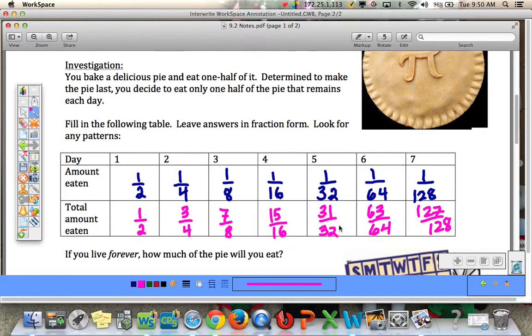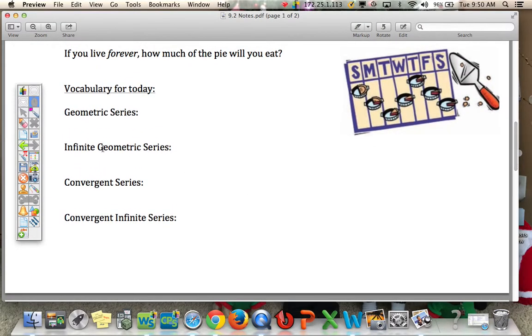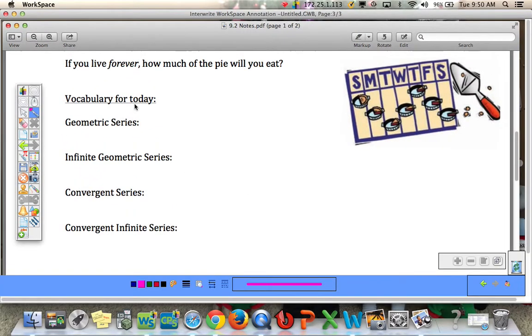If you live forever, how much pie will you eat? Will you eventually eat the whole pie? So you'll eat almost the whole pie. Vocabulary for today. A geometric series is the sum of a geometric sequence.